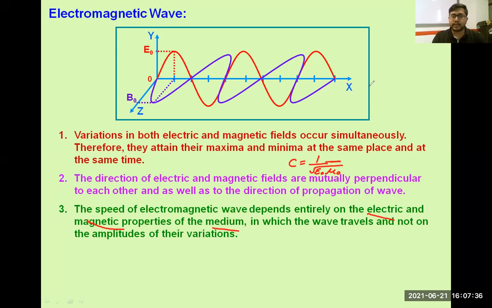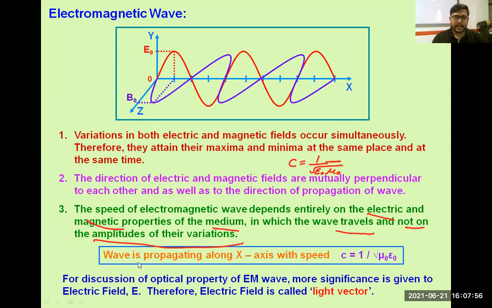It depends upon the electric and magnetic properties of the medium in which the wave travels and not on the amplitude of their vibration. This is the thing you should keep in your mind about light.